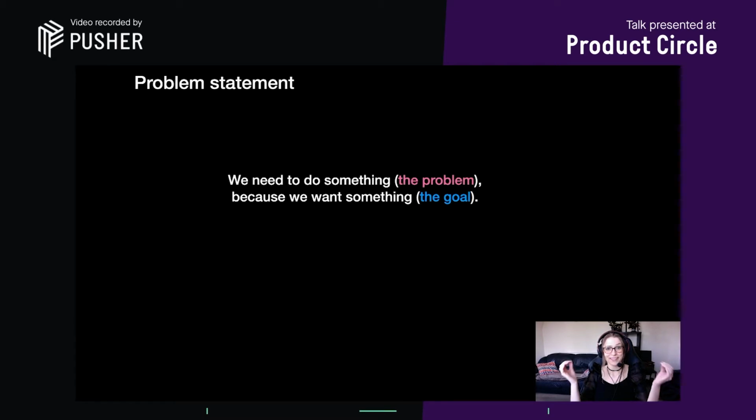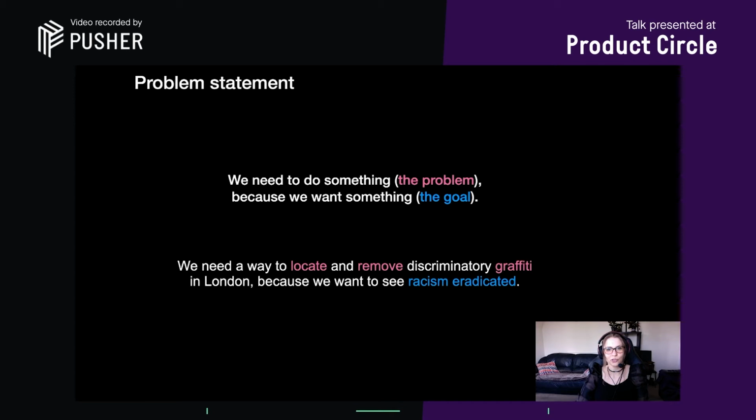And design is figuring out how do we get there, the center of the line. So I'm going to give you an example of a problem statement, just to illustrate how it could look. It's just one sentence, basically, but that sentence is going to drive your whole design exercise.